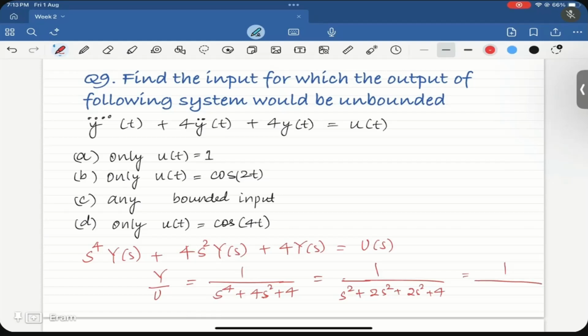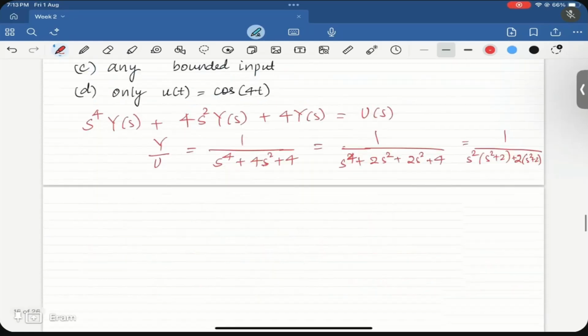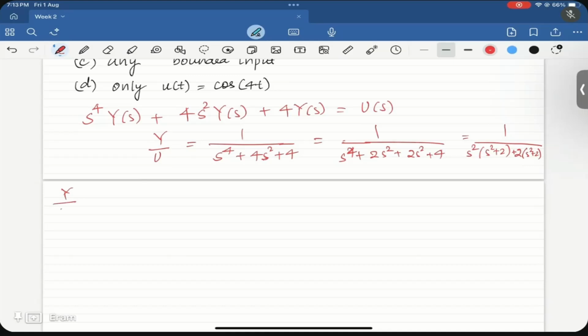Then we can take common: s⁴ + 4s² + 4 is (s² + 2)(s² + 2), right? So Y by U is 1 by (s² + 2) whole square. So the transfer function is 1 by (s² + 2) whole square.